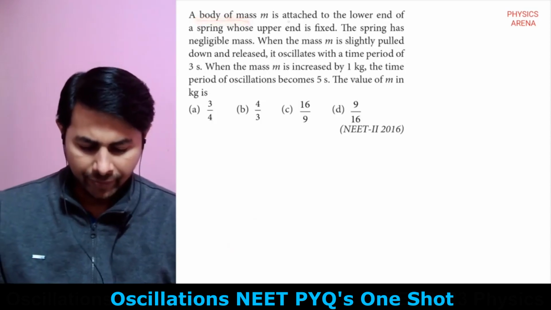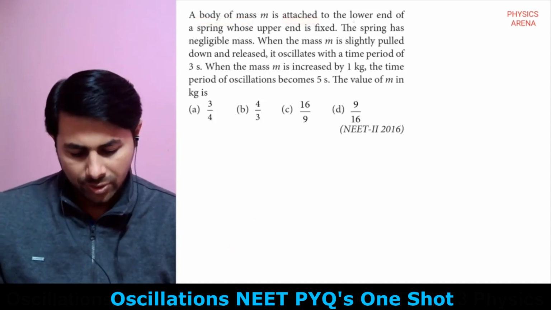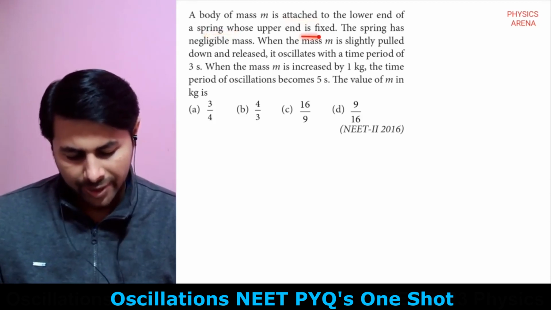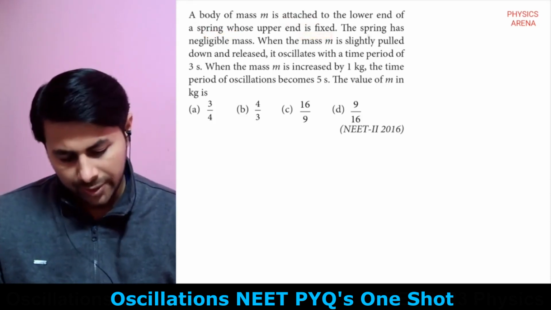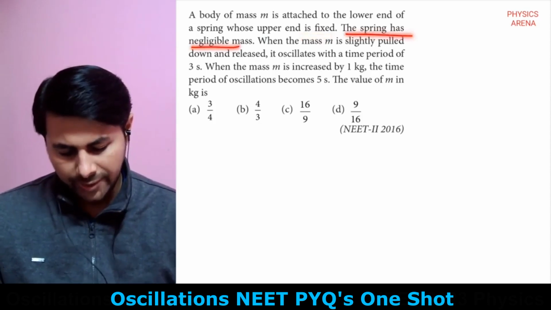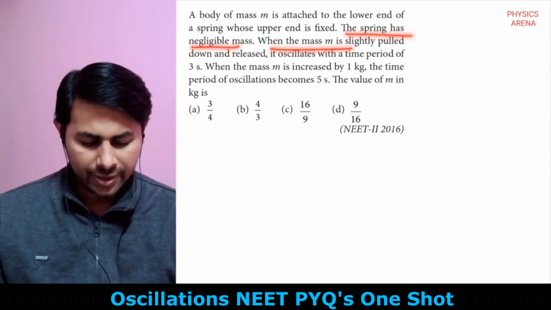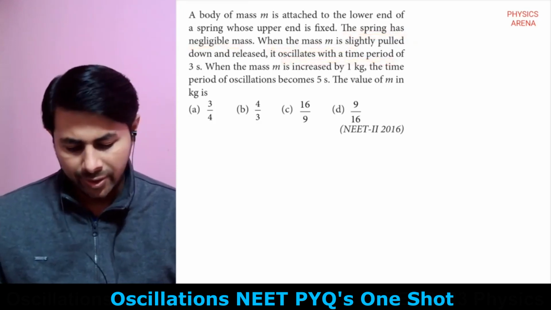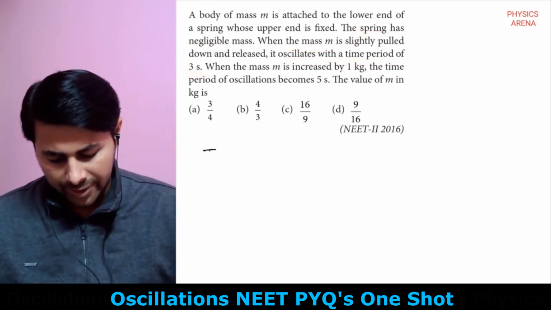A body of mass m is attached to the lower end of a spring whose upper end is fixed. The spring has negligible mass. When the mass m is slightly pulled down and released, it oscillates with a time period of 3 seconds. So time period is 3 seconds.